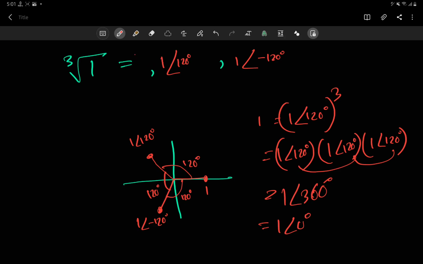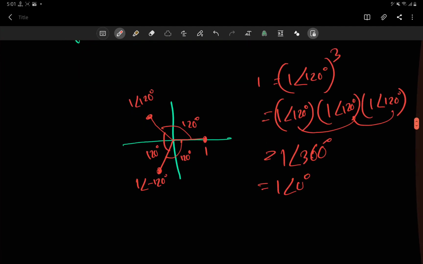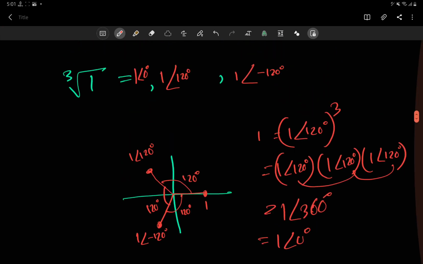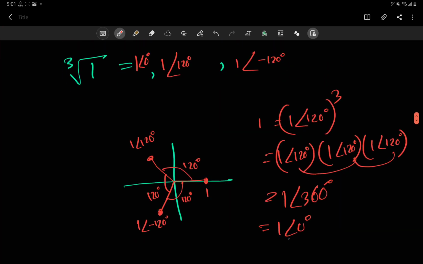You can write any positive real number as an angle of 0 degrees. And if you are working with negative numbers like -2, you can write that as 2 angle 180 degrees. So this is how we write a positive radius and an angle.